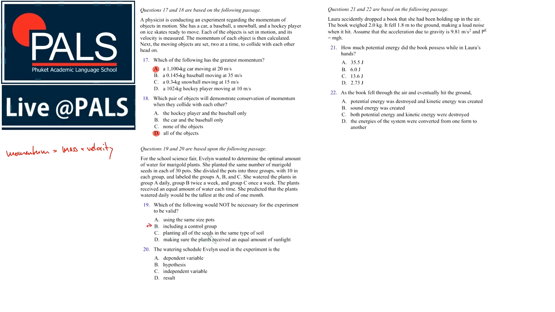Planting all the seeds in the same type of soil, yeah, that's important too, so they have the same types of nutrients and things like that to grow, and making sure the plants receive equal amounts of sunlight makes sense as well. Otherwise, different amounts of light would lead to different growth. But we are interested in how the water affects the growth.